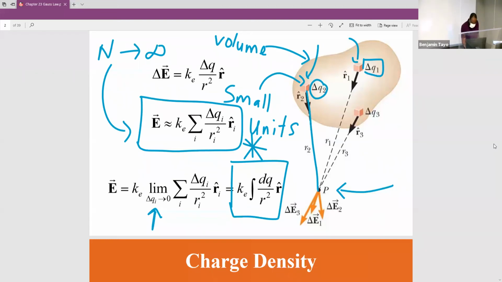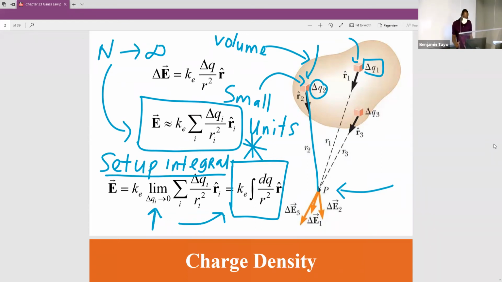So when I use this equation here, all I need to do is to set up the integral. When I set up my integral, I just need to know three quantities.